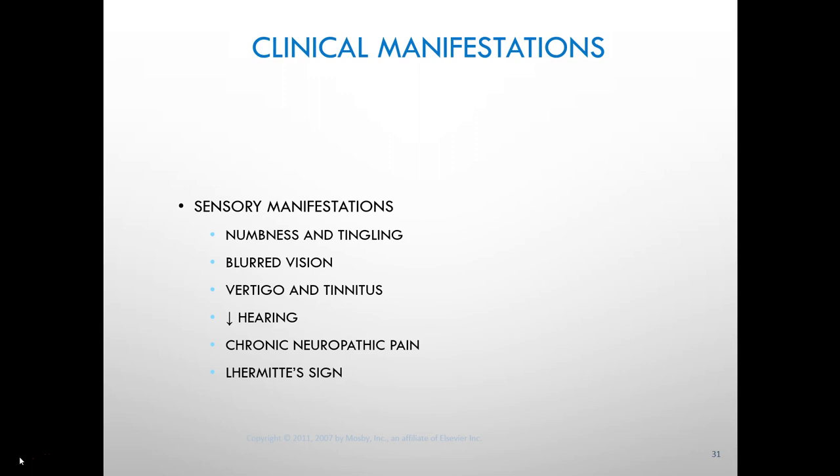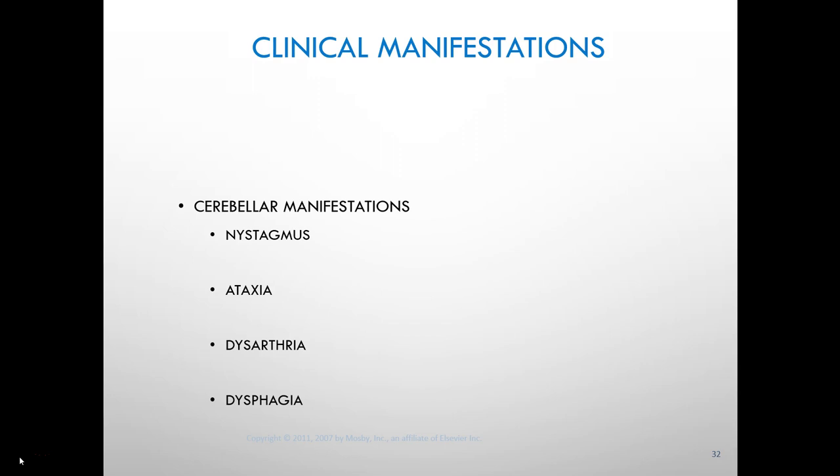Chronic neuropathic pain. What is Lhermitte's sign? Lhermitte's sign is like an electric shock going down their lower extremity. From that numbness and tingling, it sends an electric wave shock to their lower extremities. That's how they feel. That's what Lhermitte's sign is.